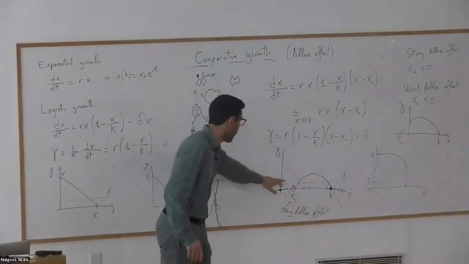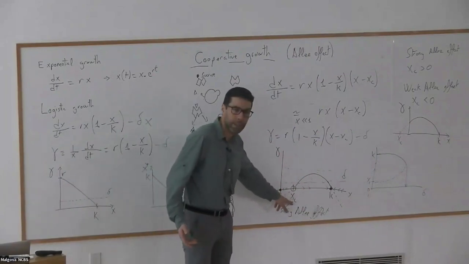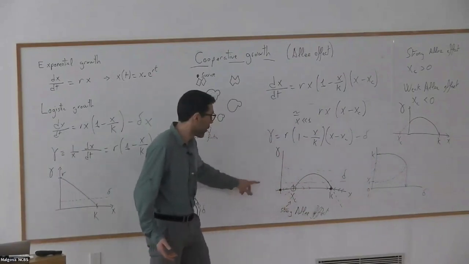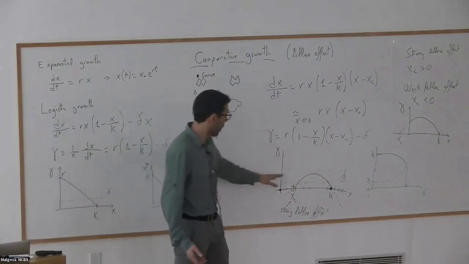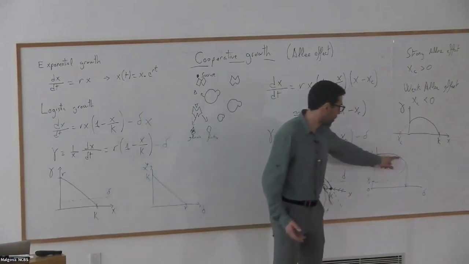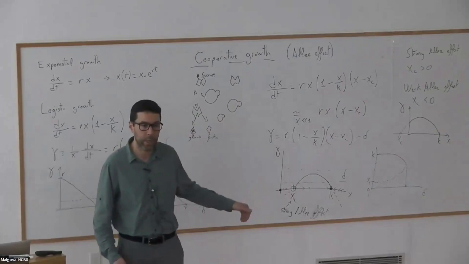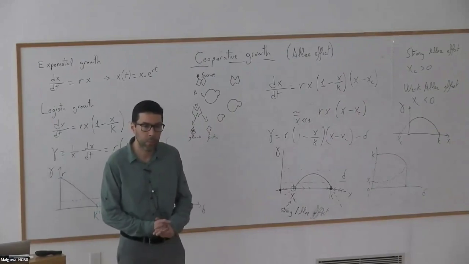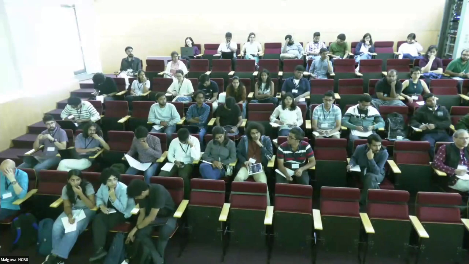No matter whether it is a weak Allee effect, so whether the Allee threshold is negative, this is still a quadratic form, so it's still like this. And as you increase the death rate, you will certainly find a fold bifurcation anyway. But it cannot happen for the logistic growth. It does not happen for logistic growth. No.